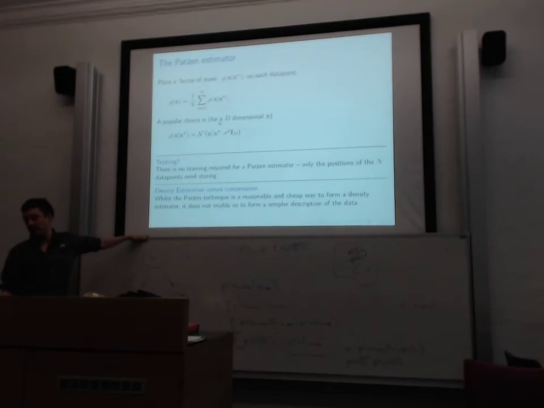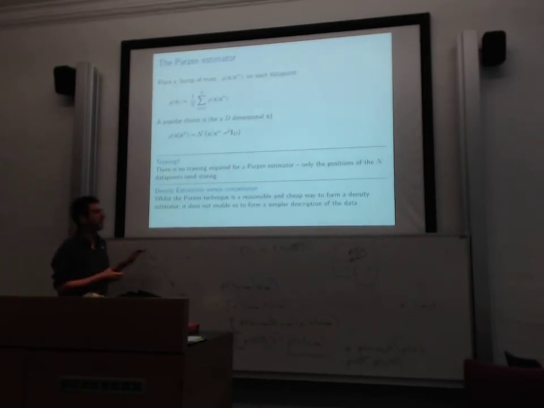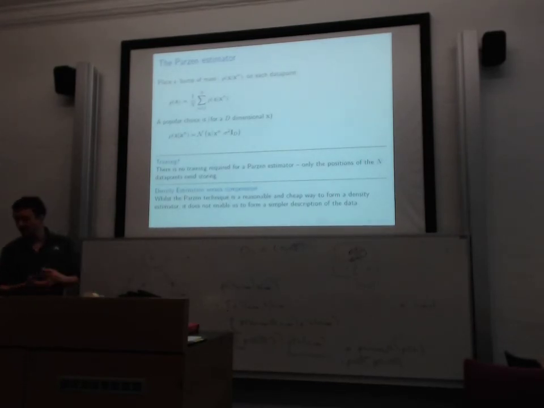It could be a Gaussian, for example. It places a Gaussian centered at each data point, with, say, uniform probability. So in other words, it's the world's simplest density estimator, density model.